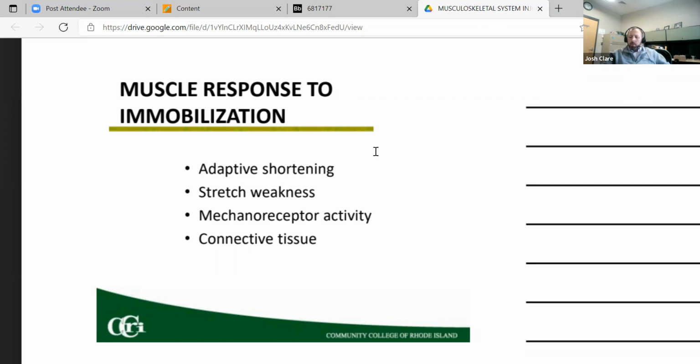Stretch weakness is when a muscle is in a lengthened position, but it doesn't return to its original length. So it's stuck in a stretch. That muscle has become incredibly elongated, and now we're going to be reducing power as well. The mechanical receptor activity decreases as well. And the connective tissue will weaken if the ground substance is not circulating.